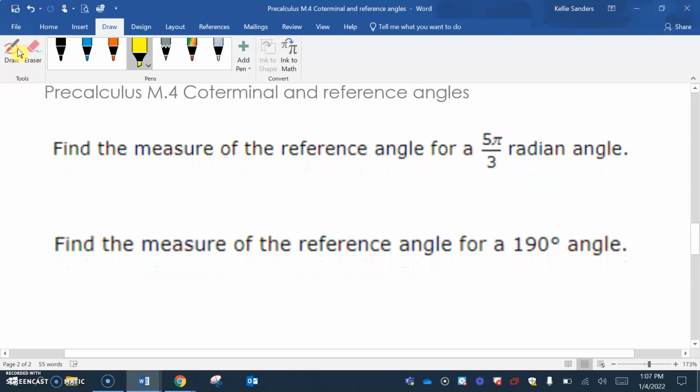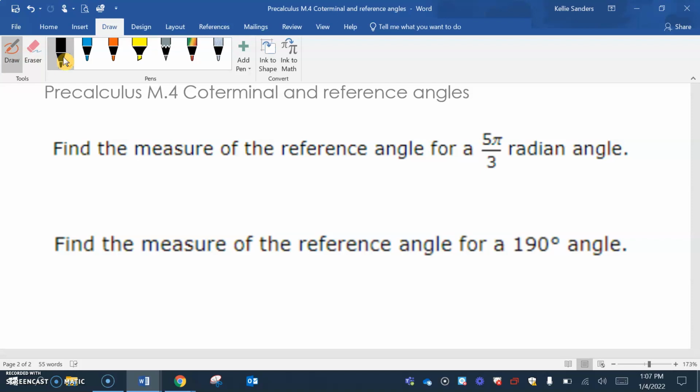So on this, let's think about it. I know fractions and radians, they're not very fun.